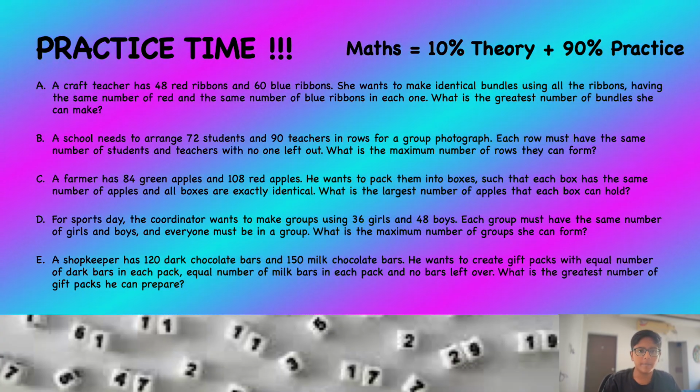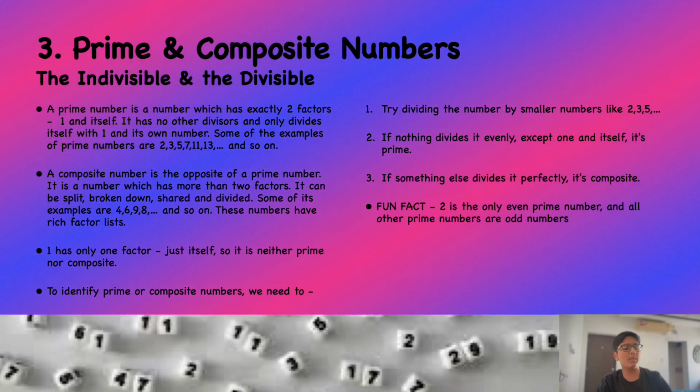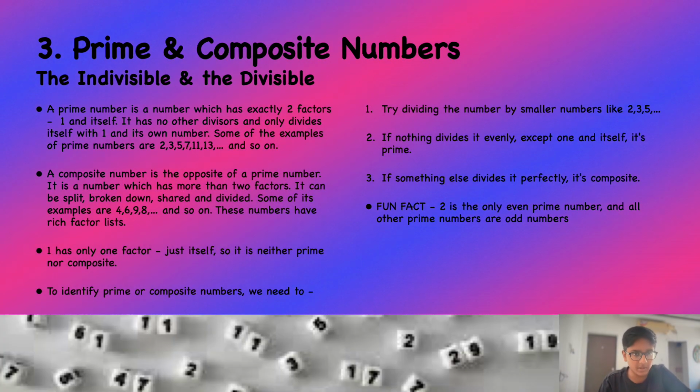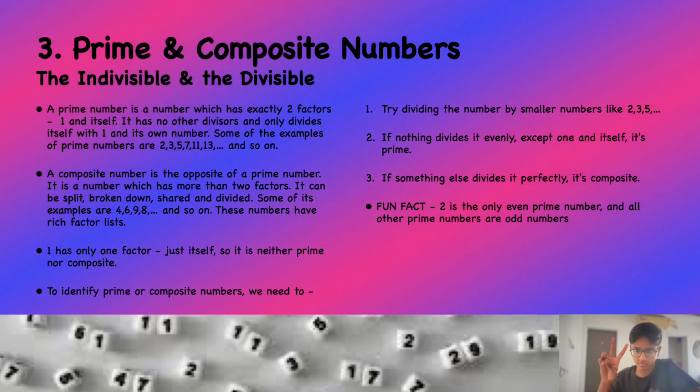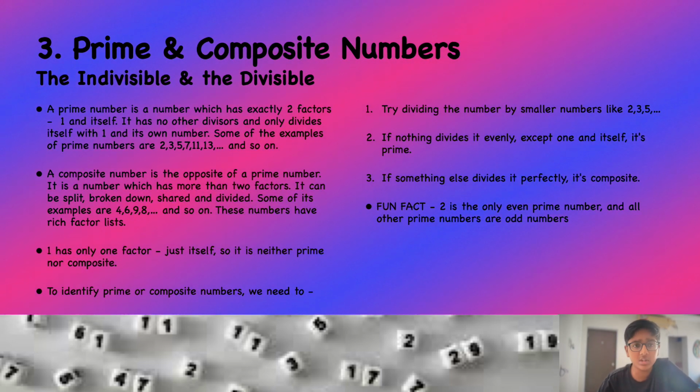Thank you. Now let's learn about prime and composite numbers, which are probably the biggest concept of this chapter. A prime number is a number which has only two factors. We have learned about factors already. So a prime number is a number which can be divided only by 1 and itself.